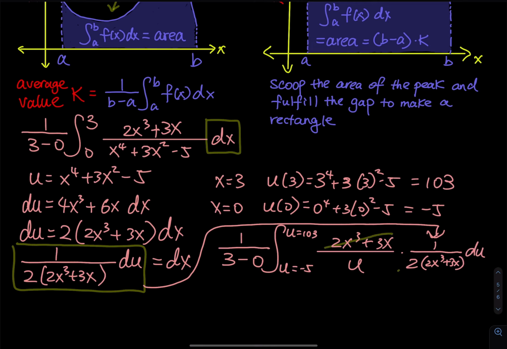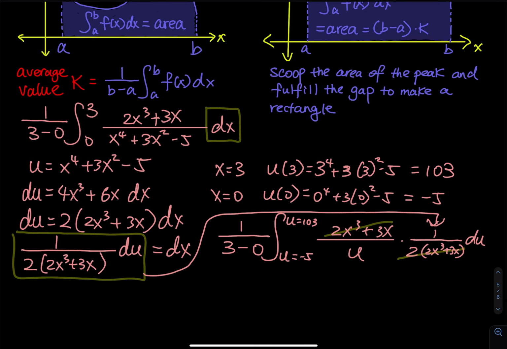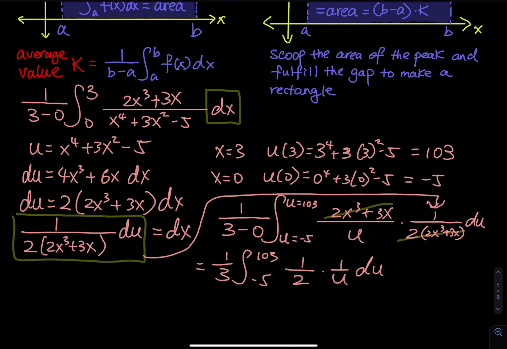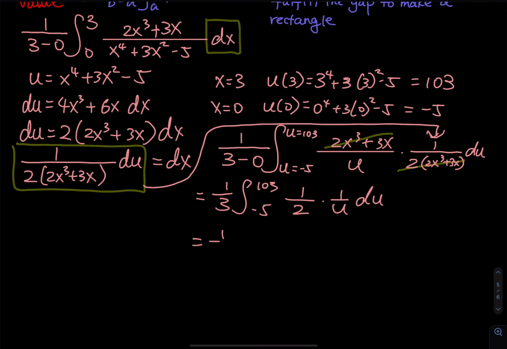Cancellation, so get rid of this and that, and we have u only. So we have 1 over 3, the integral from negative 5 to 103, 1/2 times 1 over u du. Let's multiply the 2 and the 3, so we have 1 over 6.